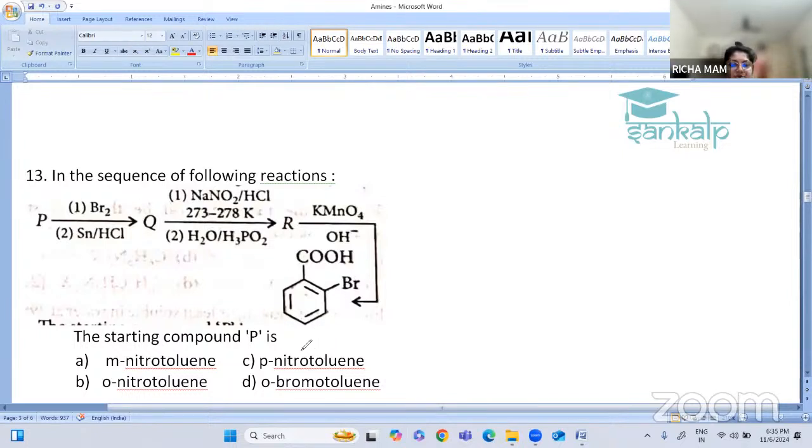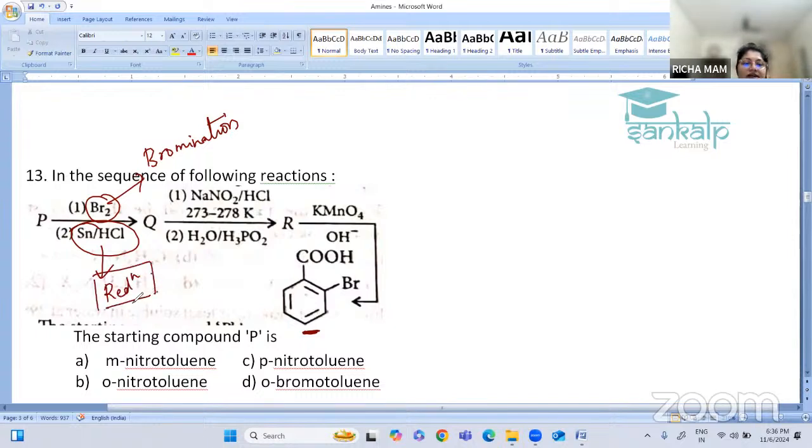You can see a bromo substituted benzoic acid. So what is Br2 in the presence of tin HCl? Br2 means they have done bromination. When you take bromine, they are doing bromination. In the presence of tin HCl, why is it used? For reduction, right? Tin HCl is used for reduction.